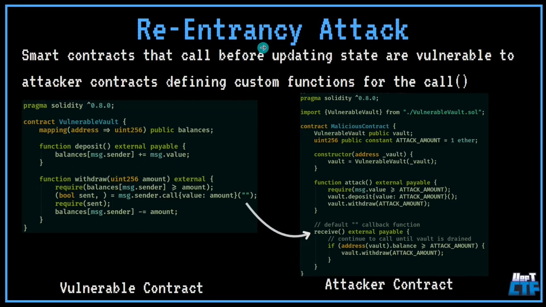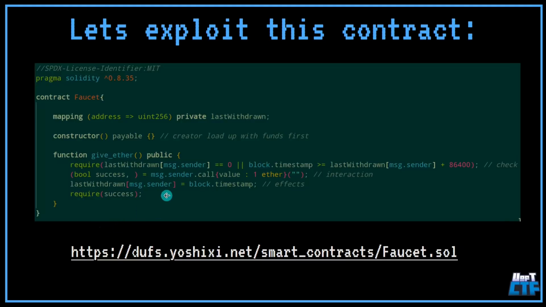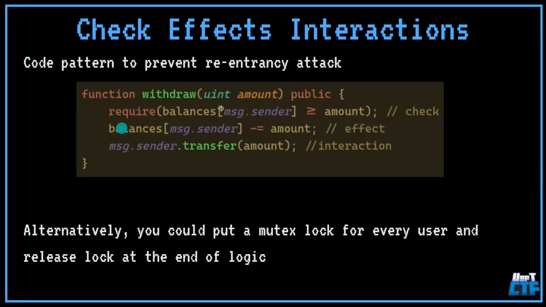The reason this happens is because you are setting up your code to not do this interaction down here. There's something called check effect interaction, which is a program pattern. You have your check here, then your effect, and then your interaction.